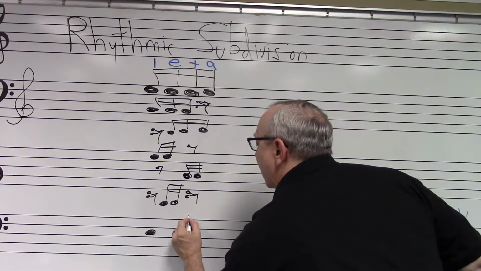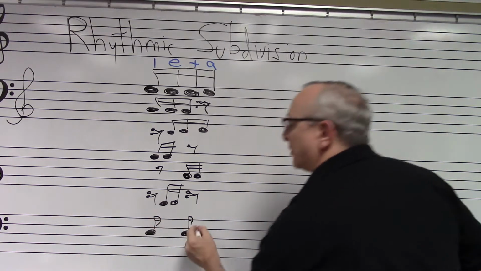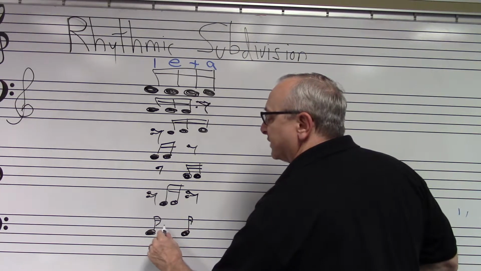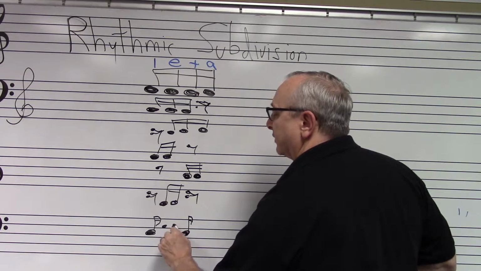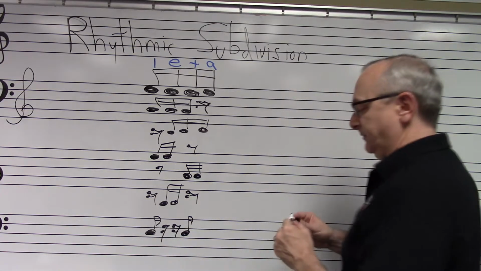Okay? And what I could do with those is beam them individually, with those little double beams in there. I could put an 8th note rest in the middle, but for the sake of clarity, I'm actually going to put in those 2 16ths so we can see how it goes.